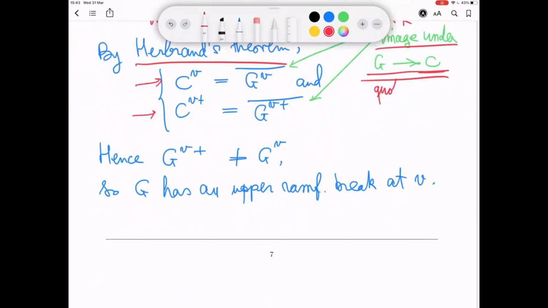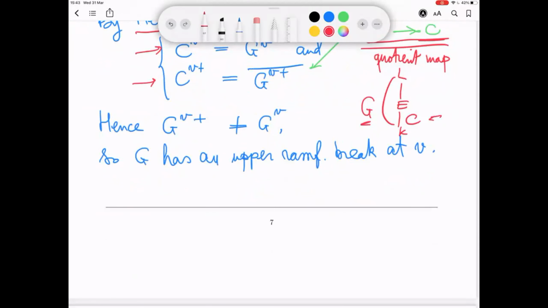This is a quotient map, right? Here the extensions are called L, E, and K. The group is C, the group here is G. So there's this quotient map from G to C. So C is a quotient of G.